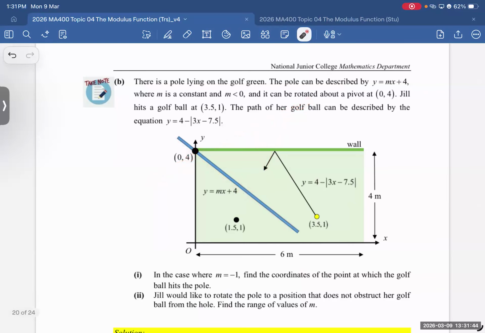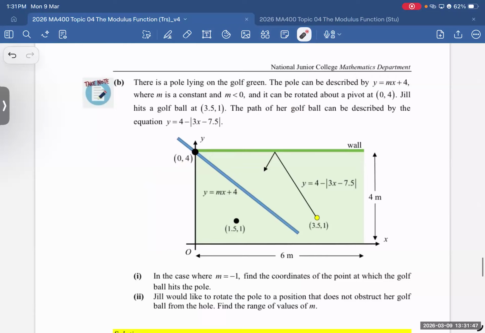Okay, I hit a golf ball at (3.5, 1) here. I move it this way. In the case where m equals to -1, find the coordinate at which the golf ball hits the pole. So I'm trying to mimic this: the one in blue is going to hit the one in brown. Are you able to do it?